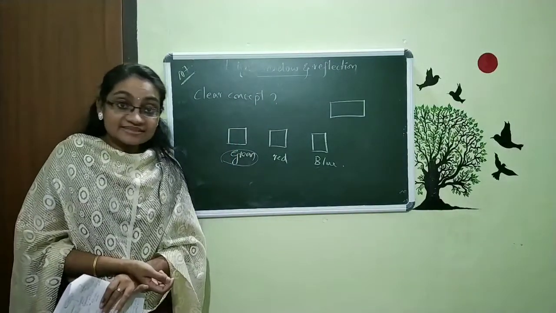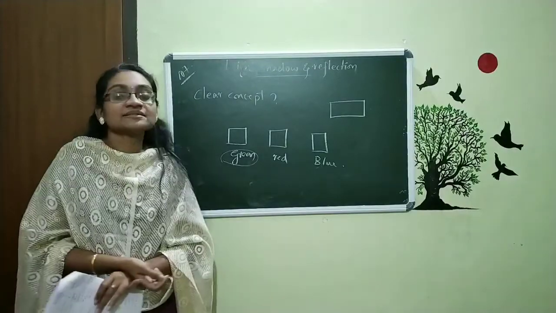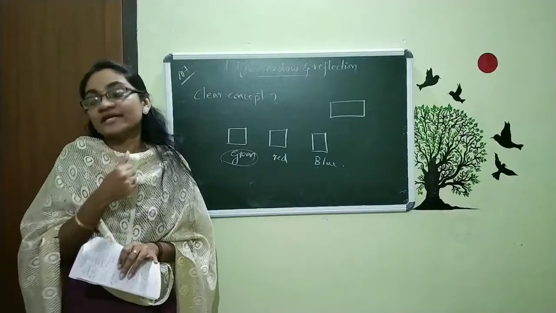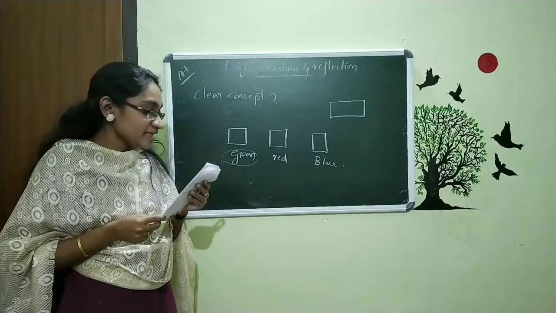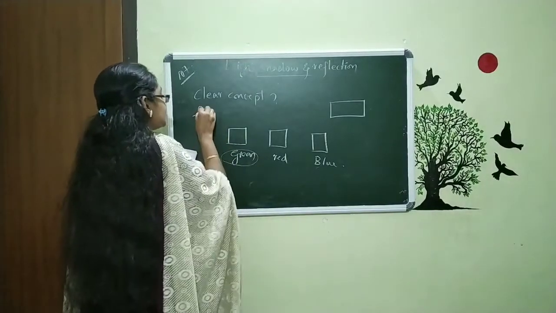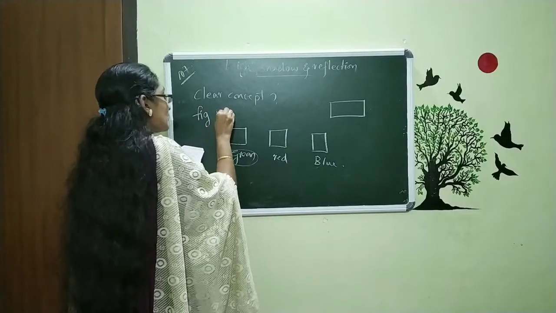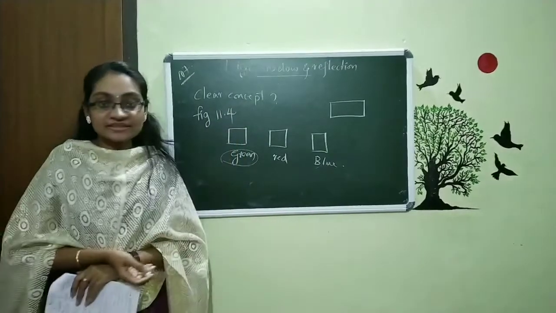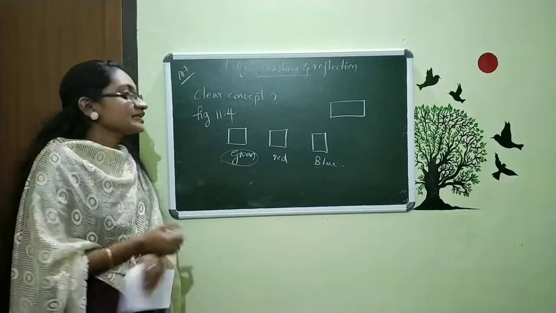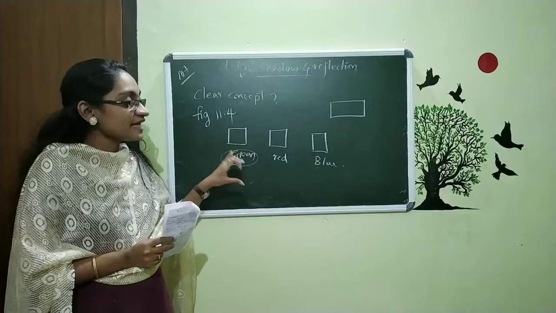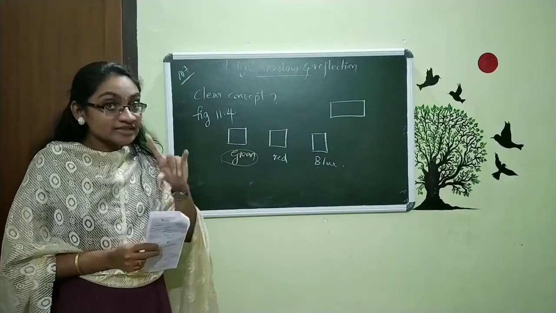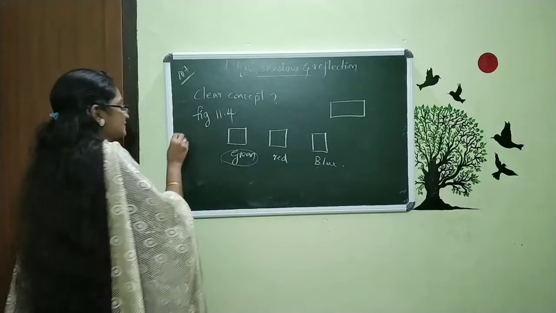But in some cases these shadow details are going to mislead us. For example, in your textbook you can see in figure 11.4 some shadows. The shadows are nothing but shadows produced by our hands, and they have the shape of some animals.